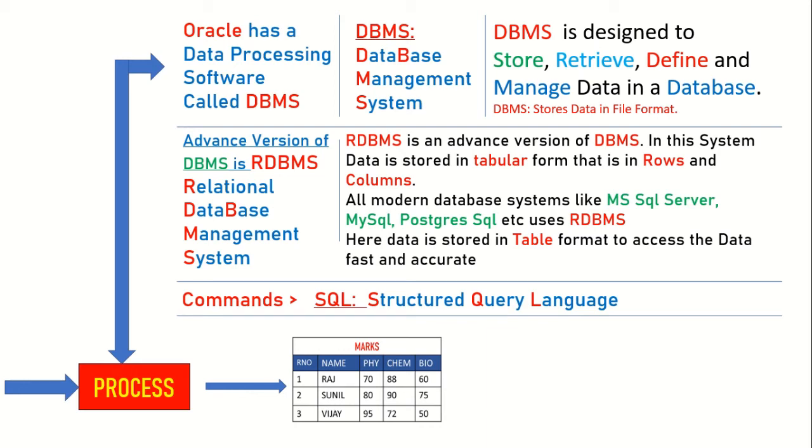Let's see more closely. Here is our data, which is scattered, unorganized, meaningless. We call it unprocessed data. We are going to send this data for processing to generate meaningful information out of it.